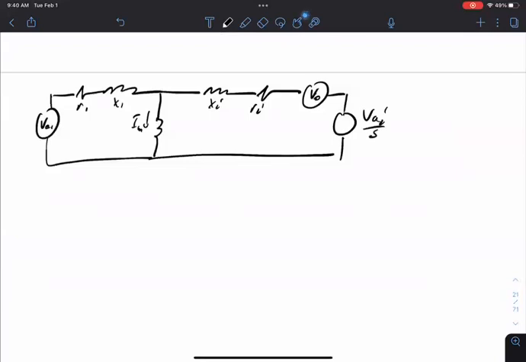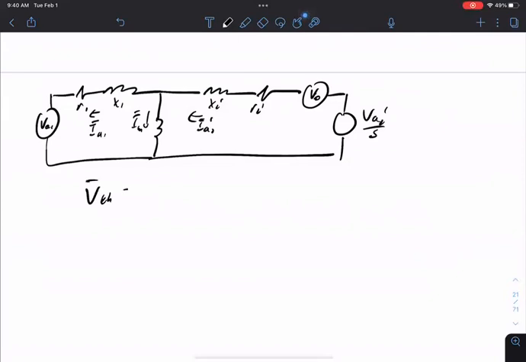So this is I2 prime, this is I1. So let's do a Thevenin equivalent for this to be able to compute I2 prime.